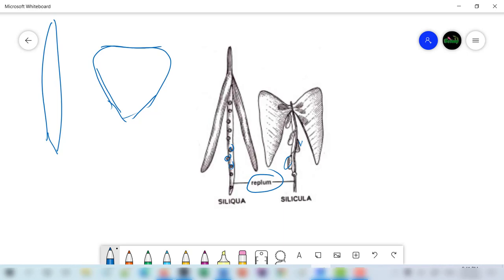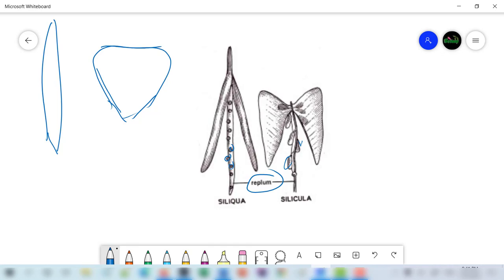Both the siliqua and silicula open from both the sutures, dorsal as well as ventral. Now, we sometimes designate the two sides of the fruit as dorsal and ventral.